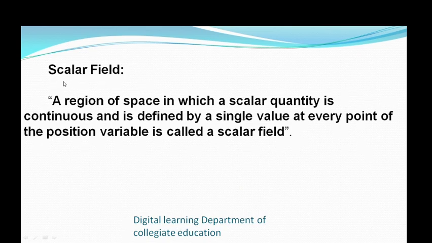Next, new topic. Scalar field: a region of space in which a scalar quantity is continuous. As in the beginning slides, a field, if it is continuous and is defined by a single value at every point of the position variable, is known as a scalar field.